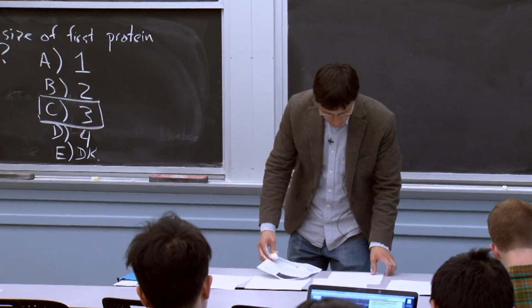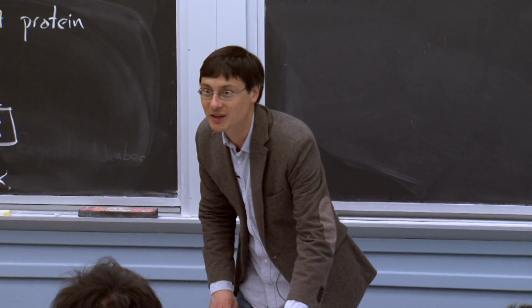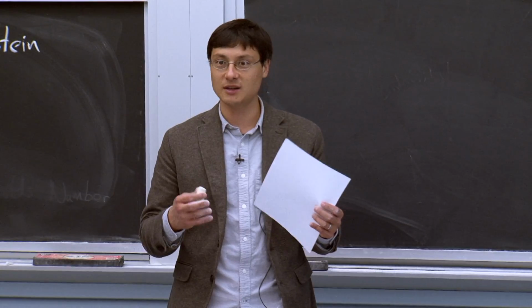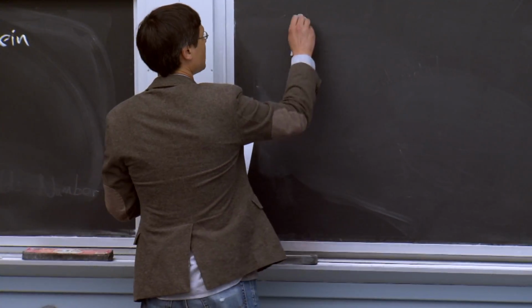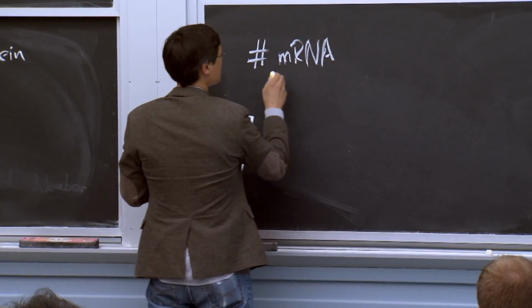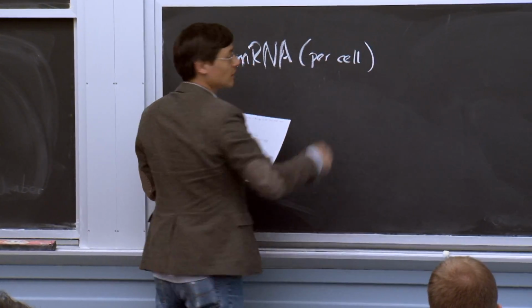And from that, the formula, when you first look at it, feels kind of mysterious, but it's one of those things where you just have to keep track of units and so forth. You can basically think about the number of mRNA per cell. This doesn't have units.